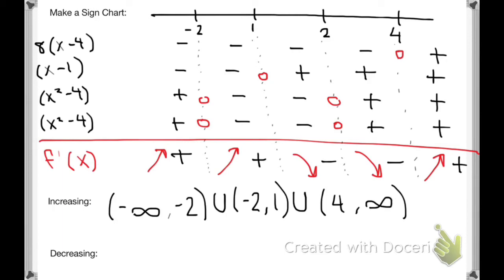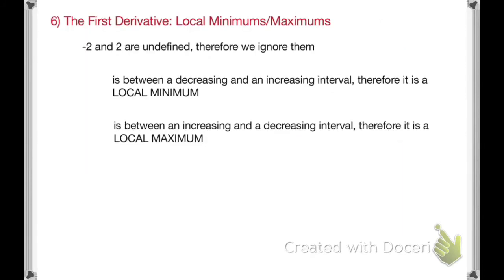And we get an interval between 1 and 2 of decrease, and an interval of 2 to 4 of decrease. And those are going to be our intervals of increasing and decreasing values.